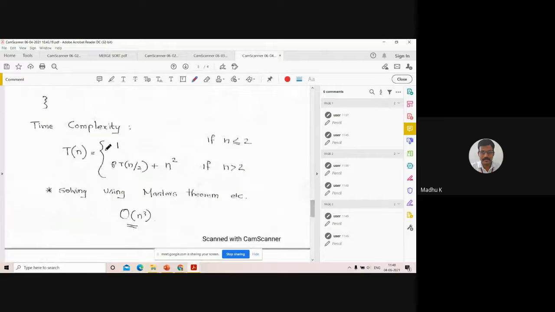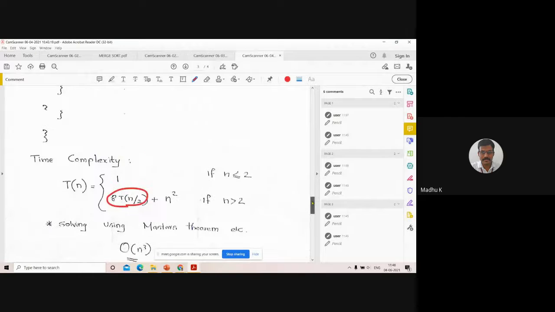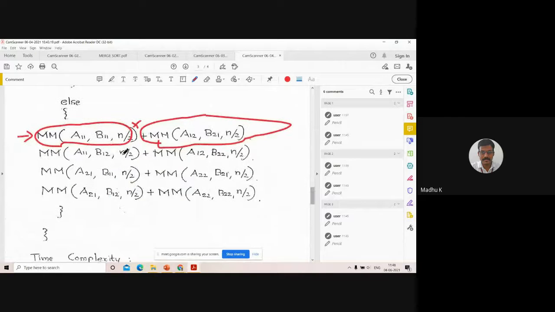Then we will analyze the complexity. In this case, the complexity of performing the multiplication: in this program there are 8 calls, 1, 2, 3, 4, 5, 6, 7, 8.